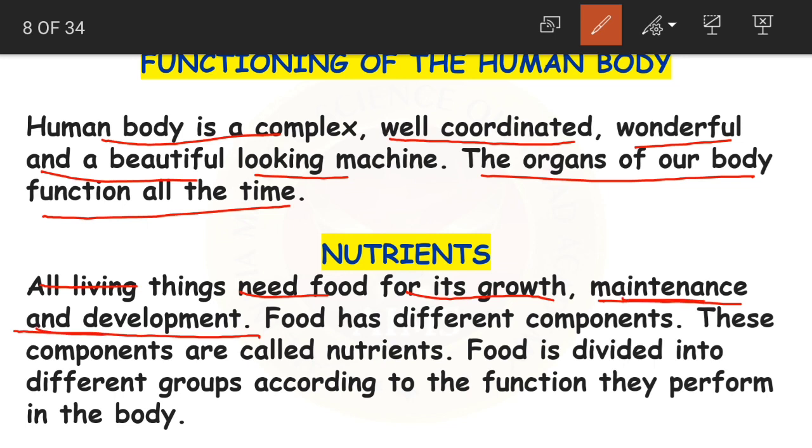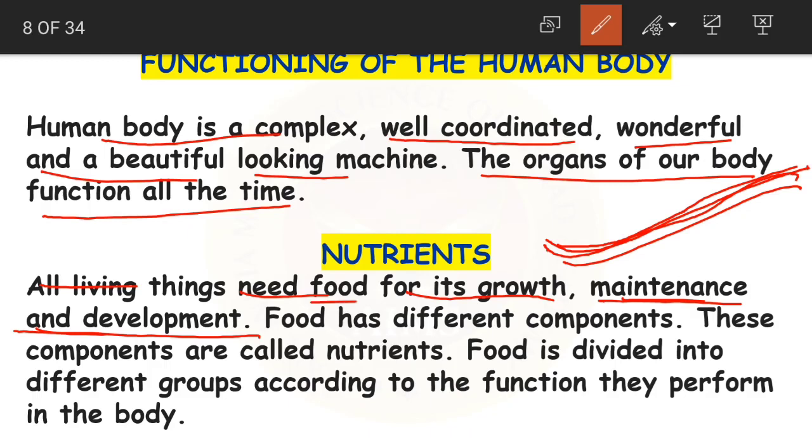Now when we take birth, we are just a small baby. From that baby to the young age, to the middle age and to the old age, there is so much of a process. So to have this growth, to maintain our body, to have development of the body, what do we need?